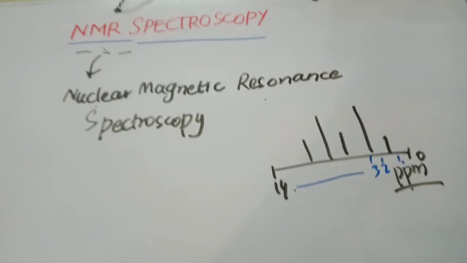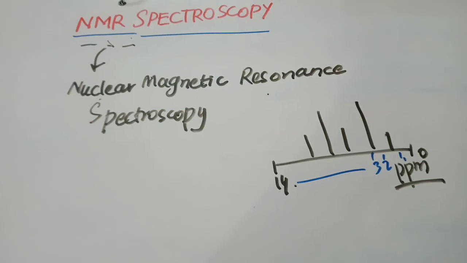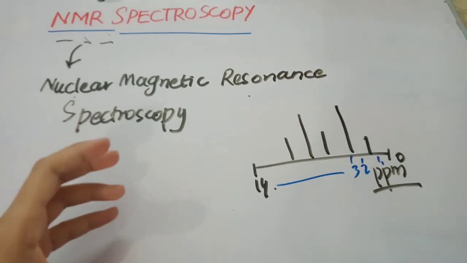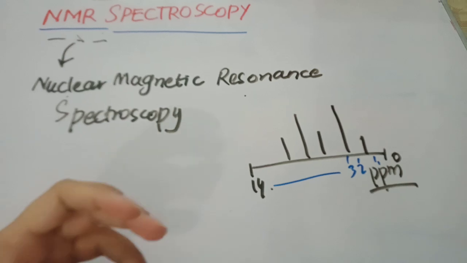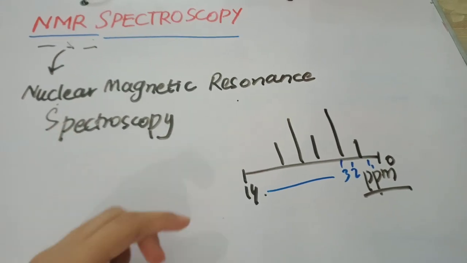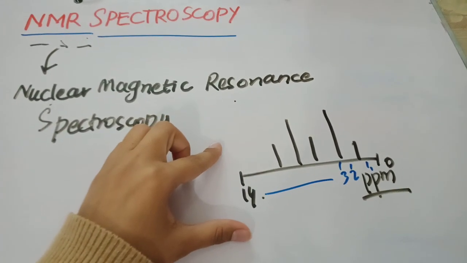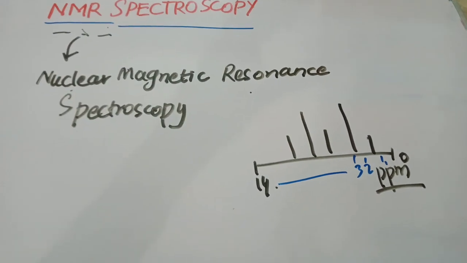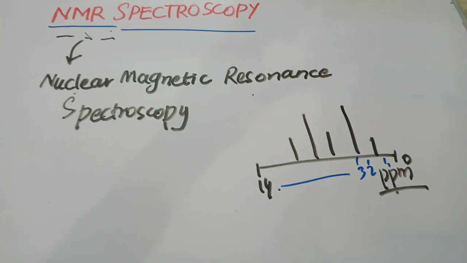As we are seeing the introduction of NMR spectroscopy, let us first explain how we can predict the compound by seeing this kind of spectra, this kind of graph. From this we can make the compound.